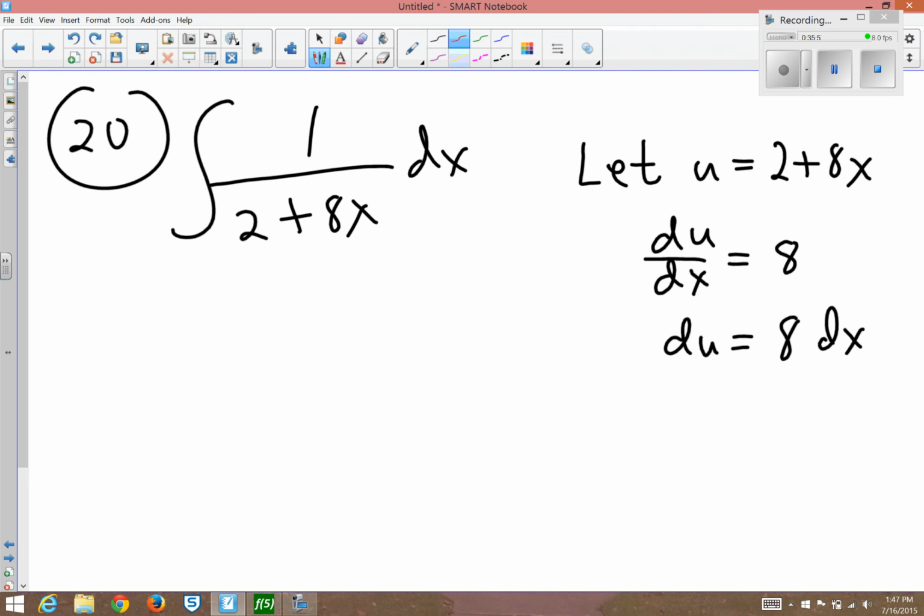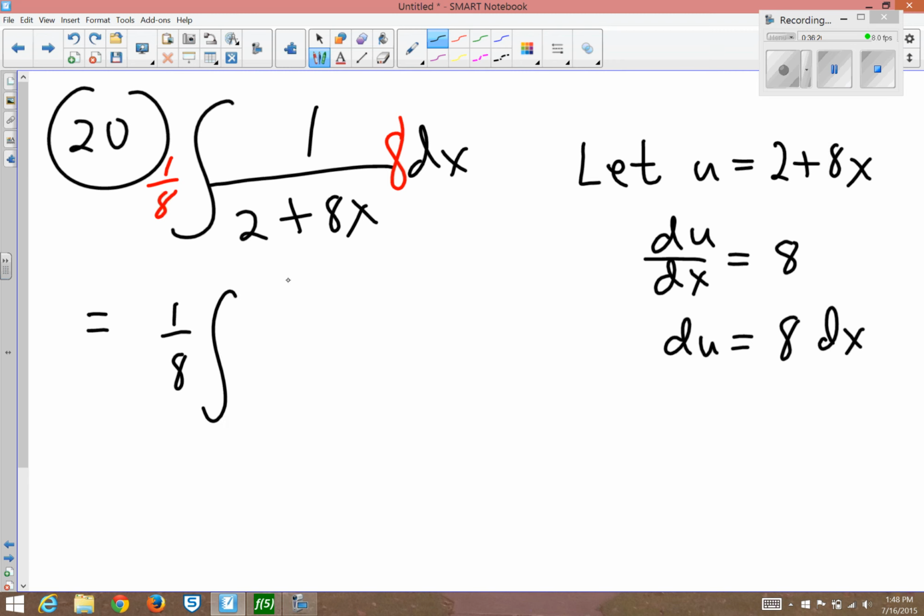What I'm doing right now is I'm wishing there was an 8 here. There's dx; I wish this said 8 dx. The 8's missing. Abracadabra. Well, if I put the 8, I also have to put in 1/8, since 1/8 times 8 is 1.